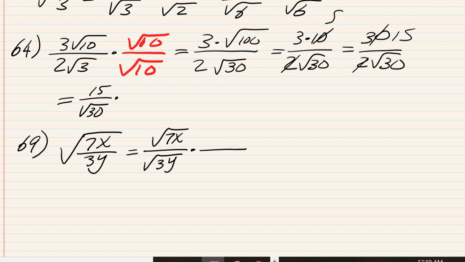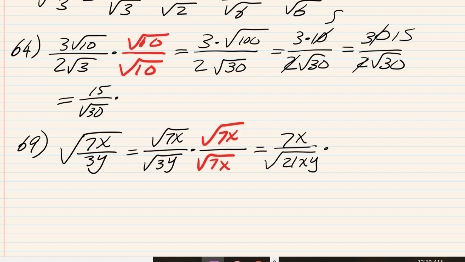We're going to multiply the top by root 7x and the bottom by root 7x. And that gives me 7x, right? Root 7x times root 7x gives 7x. In the bottom, I get square root of 21xy. And we are done with this one.